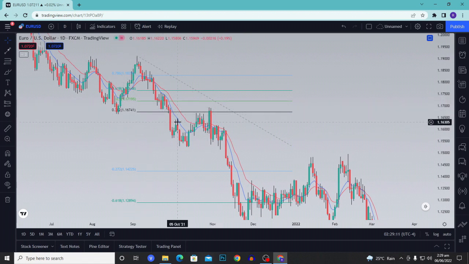And as you can see here, price retraced back to our 0.382 level before bouncing off of it and dropping all the way down.